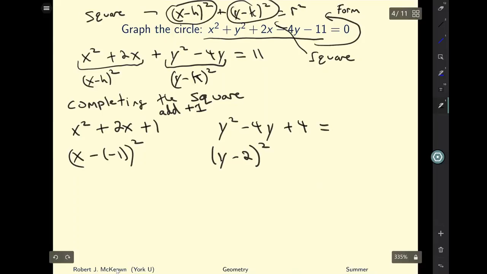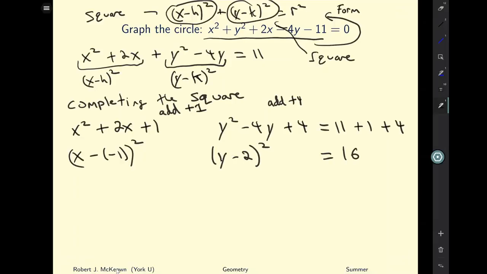And so what have we done? We've added a 1. We've added a plus 4. And now we've got 11 plus 1 plus 4, and that's going to be equal to 16. And we've actually done it. I'll rewrite it. Notice how careful I am being about my signage on the left-hand side.